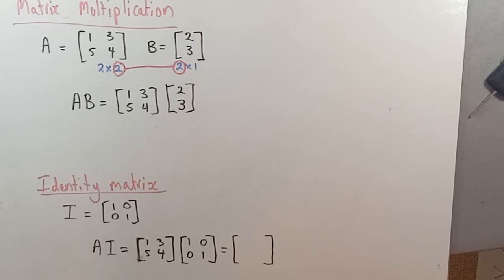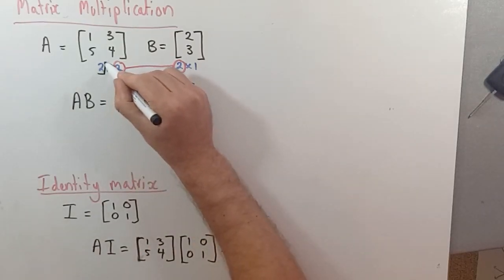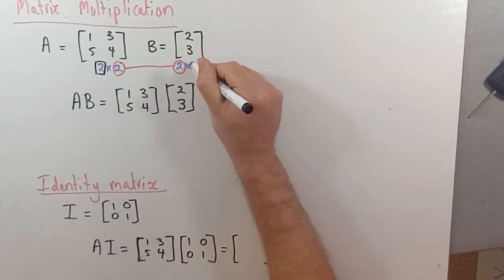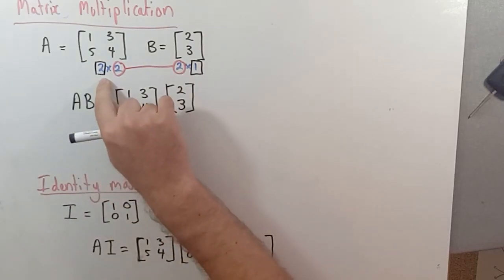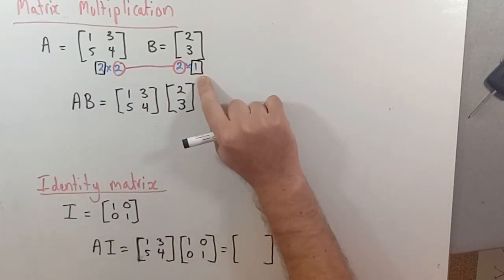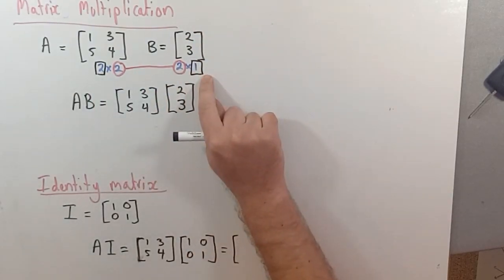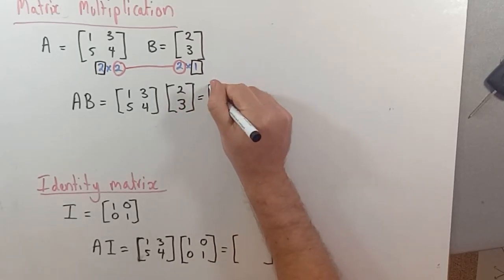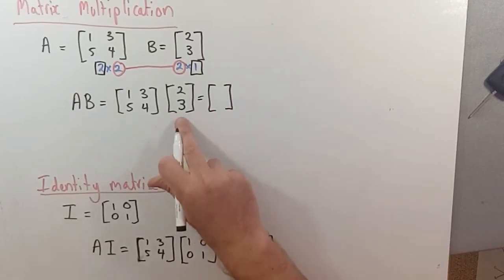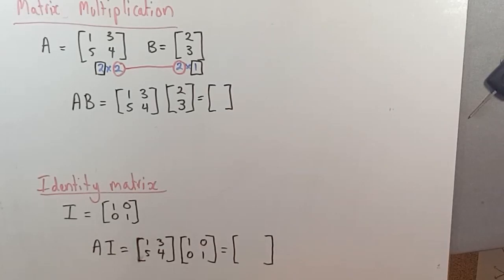Our answer will have the number of rows in the first matrix and the number of columns in the second matrix. So our answer will be a 2 by 1, the same size as this one, even though we're multiplying by a 2 by 2 here.